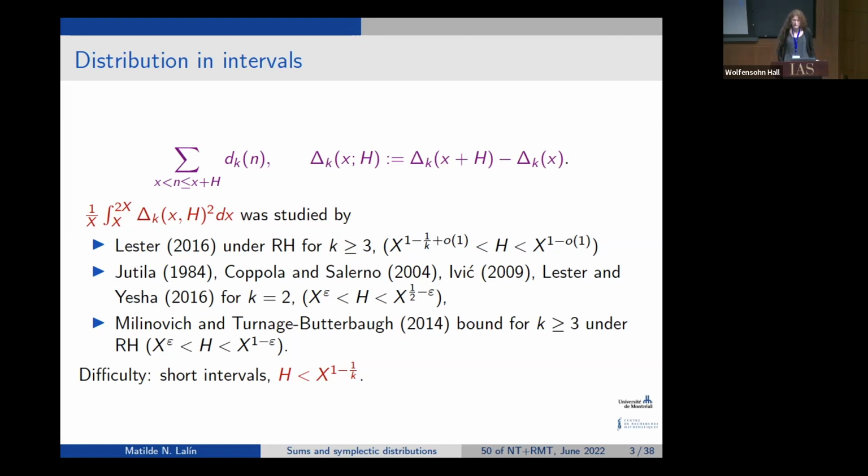But the thing I want to point out here has to do with the length h of the interval that I'm considering. What is hard is to get short intervals. For example, the result of Lester is with h between x to the 1 minus 1 over k and x, essentially. What is difficult is if we have h less than x to the 1 minus 1 over k.